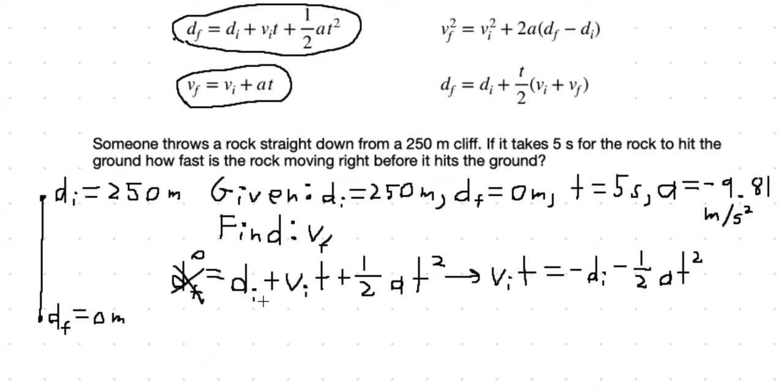So what I did was I just moved the DI to the other side and then moved the 1/2 A T squared to the other side. So I have VI T left on the left-hand side. So I could just divide both sides by T.